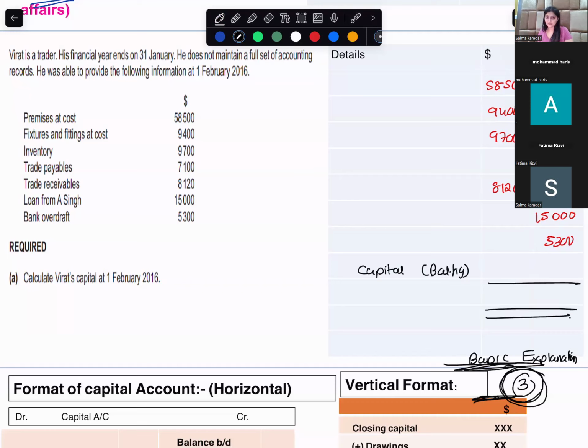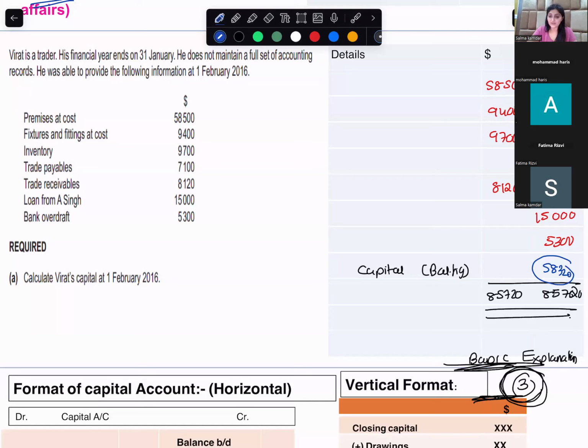What is the total of the debit side? 85,720. From that, when you minus your credit side, what will you get as capital? 58,320.